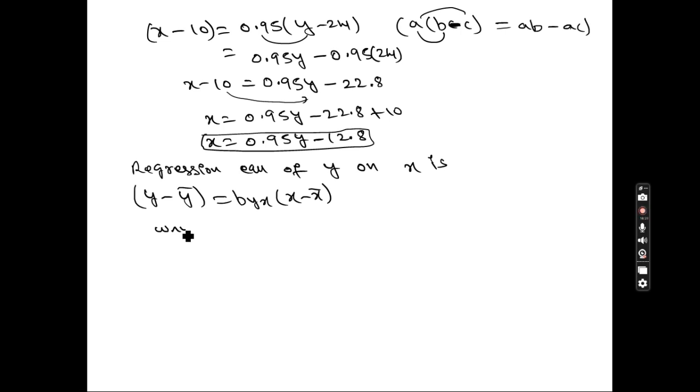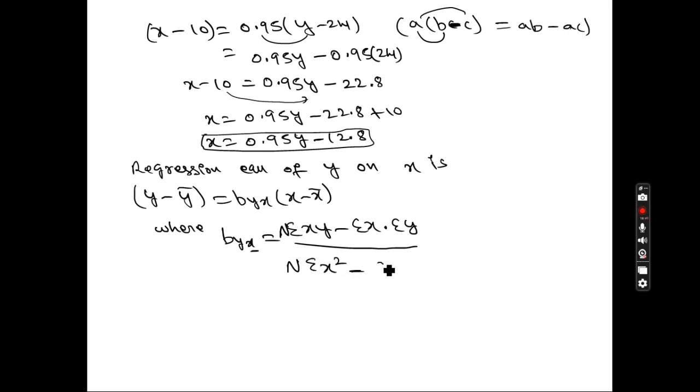You know already how to calculate it. byx is evaluated using n into summation xy minus summation x into summation y, divided by n into summation x square minus summation x whole square. Already all the values are there in the table, so I am replacing the table values here.